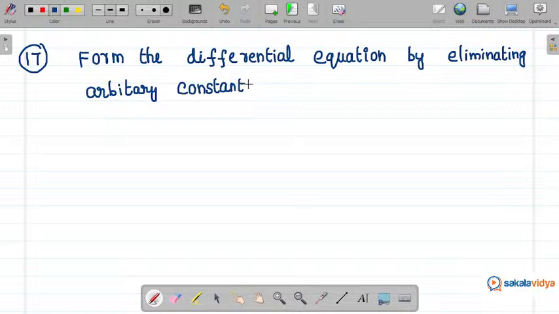So that is given actually here, the arbitrary constant: tan x tan y equals c. Tan x tan y is equal to c. Actually here c is the parameter, or we can say the arbitrary constant. So now only one arbitrary constant is present.